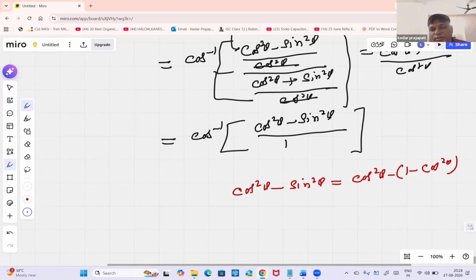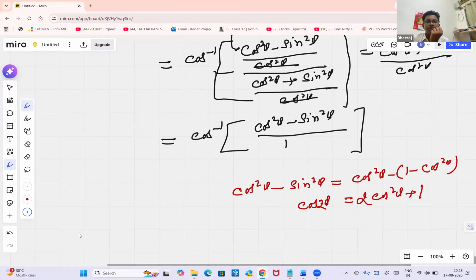Right? This solves to 2 cos square theta minus 1. And this is the formula of cos 2 theta. Right? Clear? Yes.